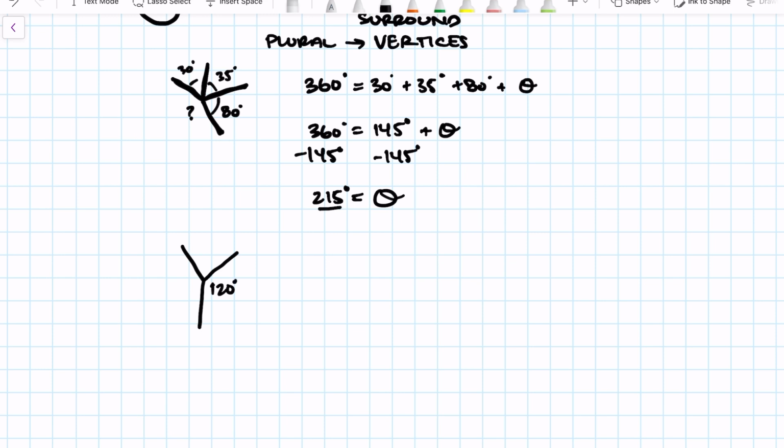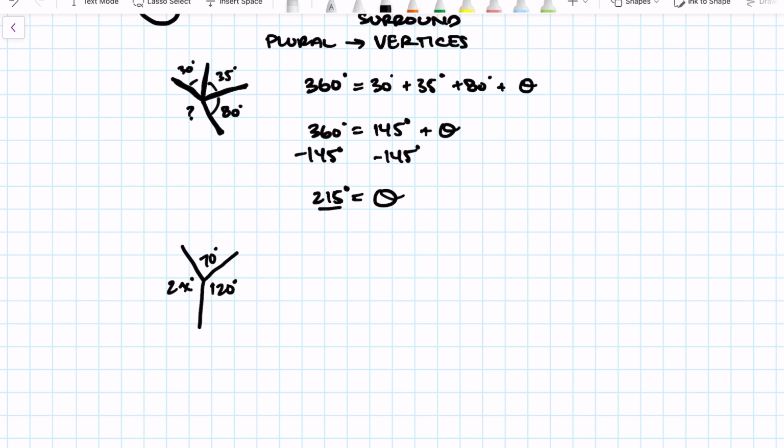Then we have another angle that is 70 degrees. Sometimes you might have a question that says this angle is not just x, but it is 2 times x. So 2x, and we'll add the angle sign there. So how do you solve this? Well, a little bit of algebra will be thrown in here.